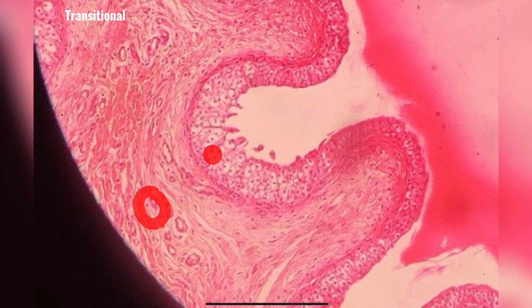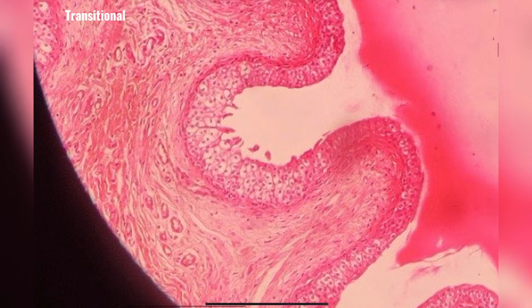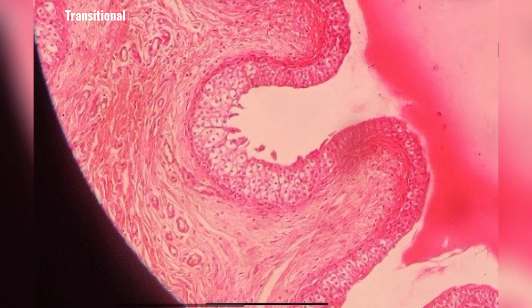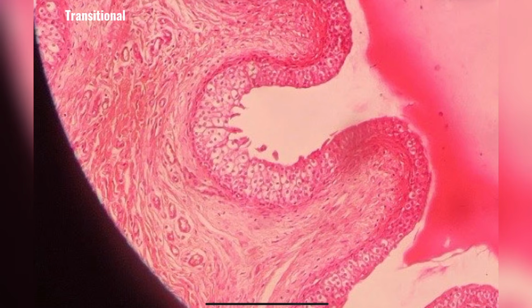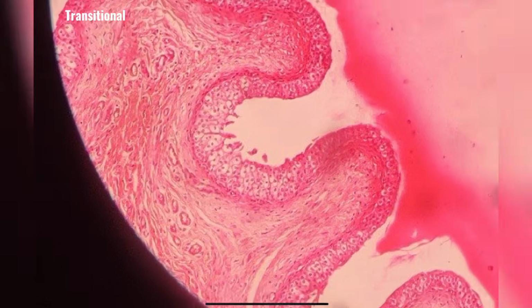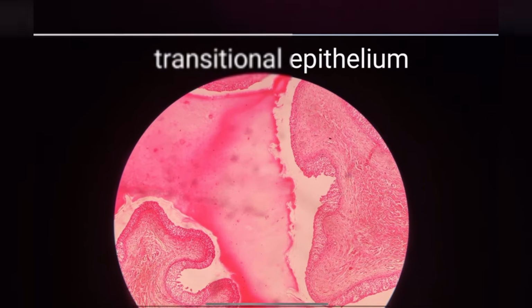On top of that, this cell right here is pear shaped, and then on top of that you can find dome shaped cell. So you have round cell, pear shaped cell, and then dome cell. These cells possess the ability to stretch. So this is your transitional epithelium.